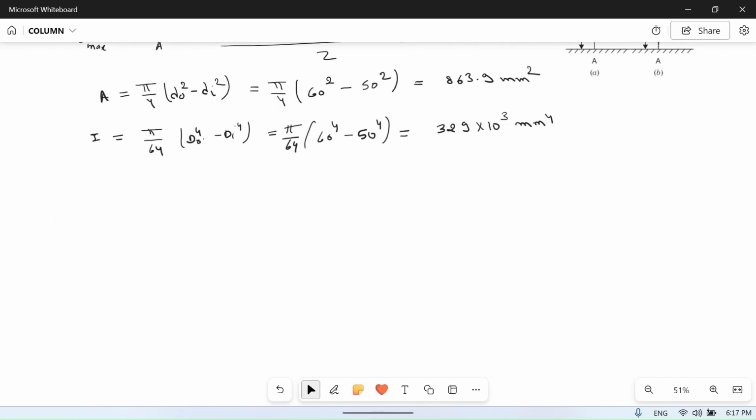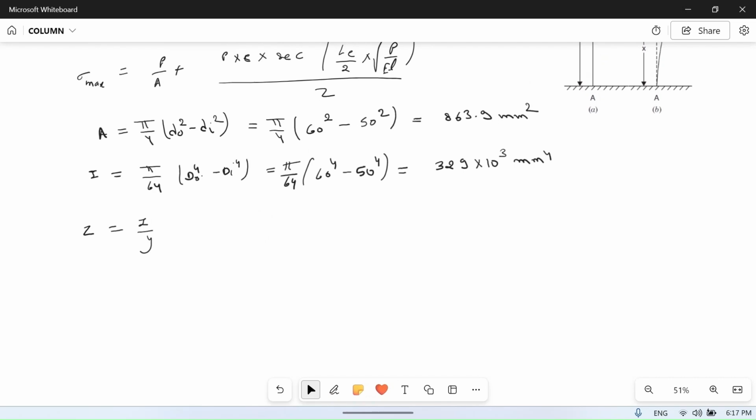Now section modulus Z is I by Y. Okay, so what is Y? Maximum distance of the fiber from the center, which is equal to d by 2, diameter by 2.